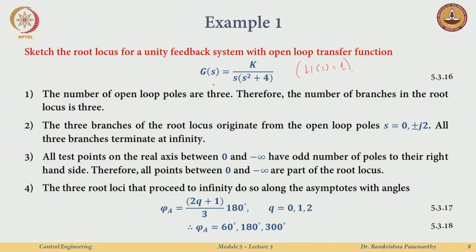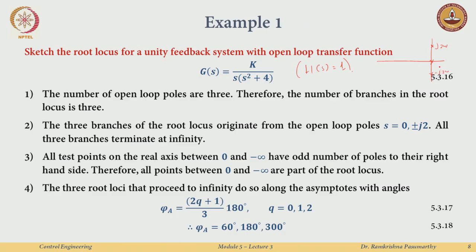Okay, so coming back to this, given a transfer function of this form, I have 3 poles and 3 branches of the root locus. Let me just approximately draw something here. I have a pole at the origin. Then s square plus 4 equal to 0 gives a complex conjugate pole pair at j2 and minus j2.